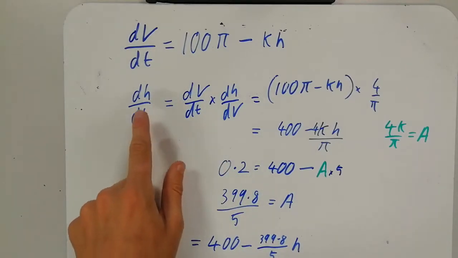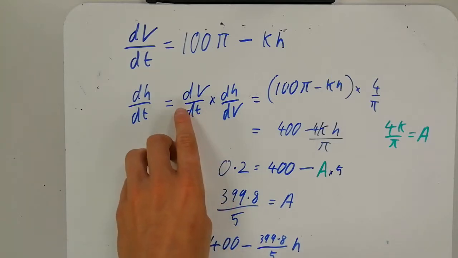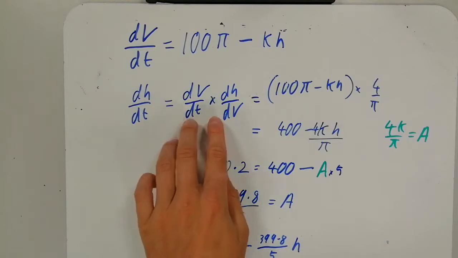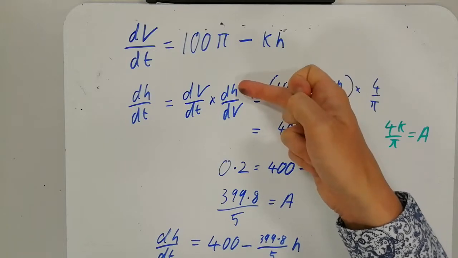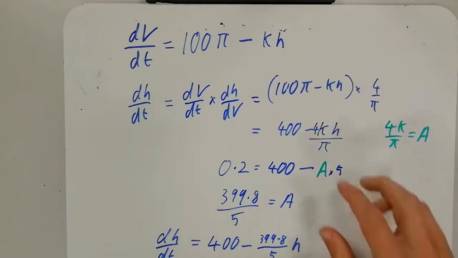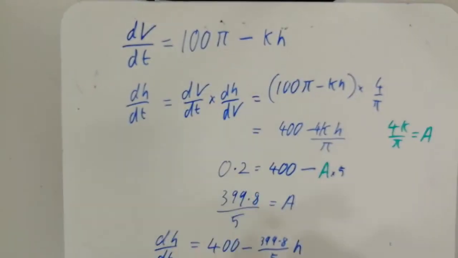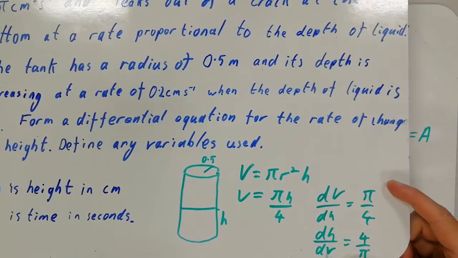Realised it actually asked me for dh/dt, so I wrote that down. And then said, well, I know the dV/dt. How will I use the chain rule to introduce the variable I want, h, and eliminate the variable I don't want, dV? We got that, and then realised we could find dh/dV using my previous work here.